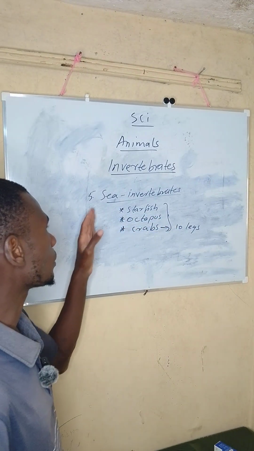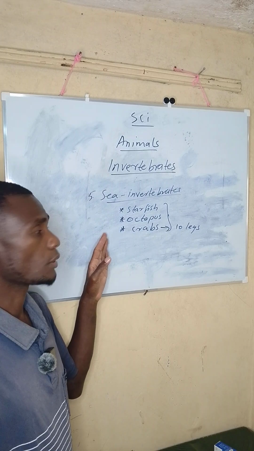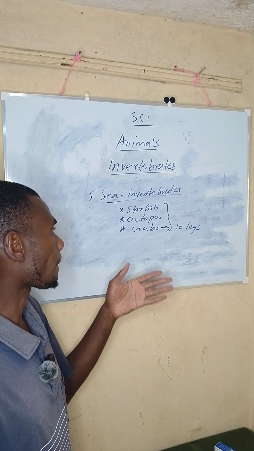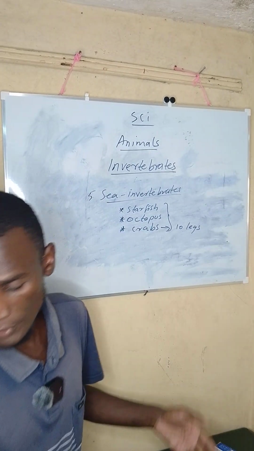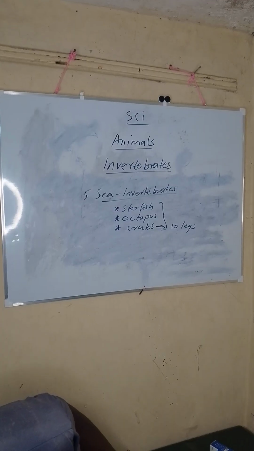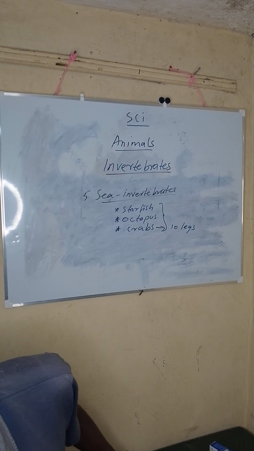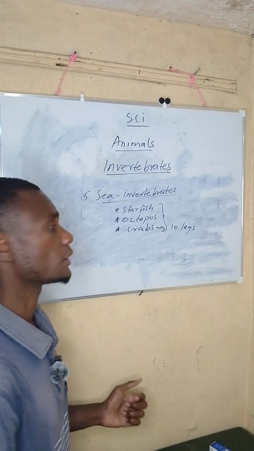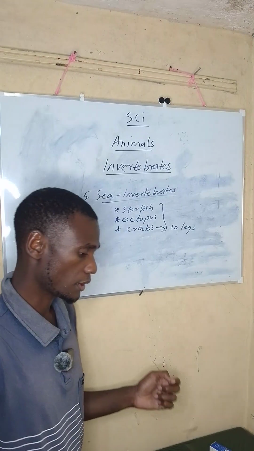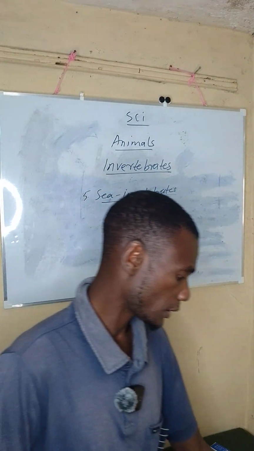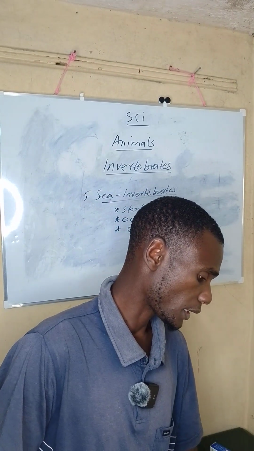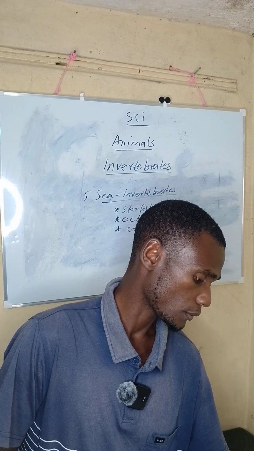What is important is to know the sea invertebrates. If you are asked maybe an example of a sea invertebrate, you can easily say, then that one is enough for that. Otherwise, that is what I had for now.